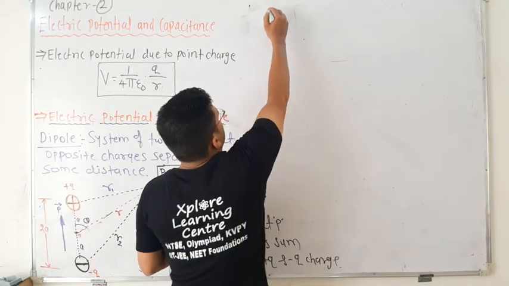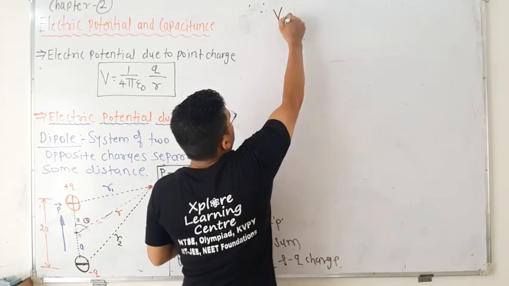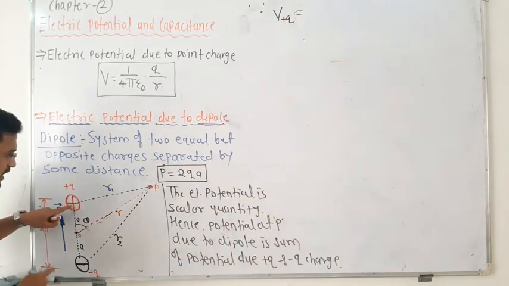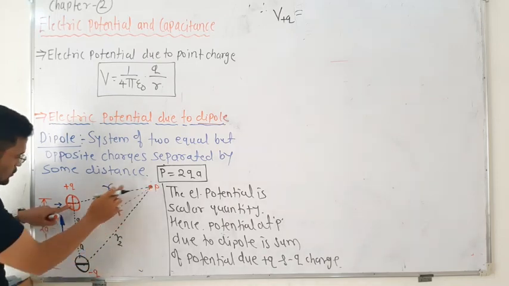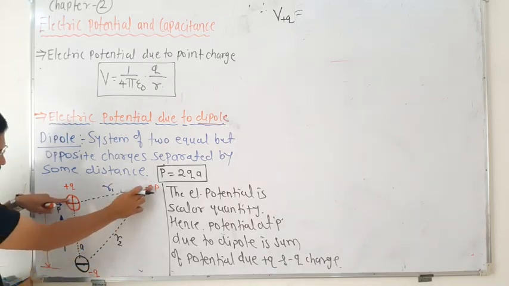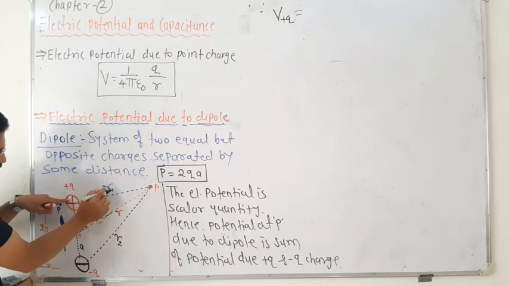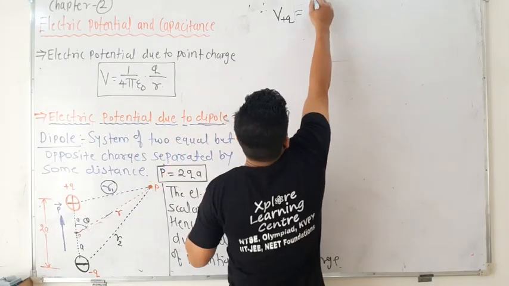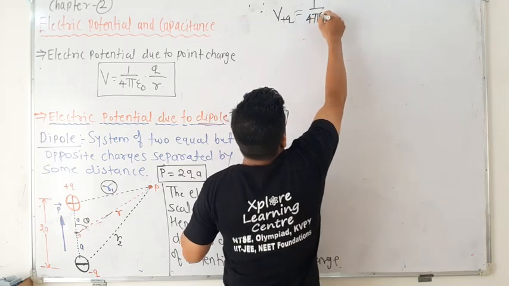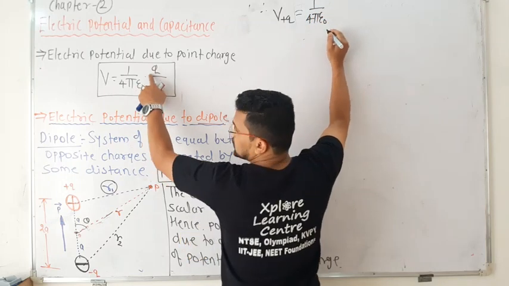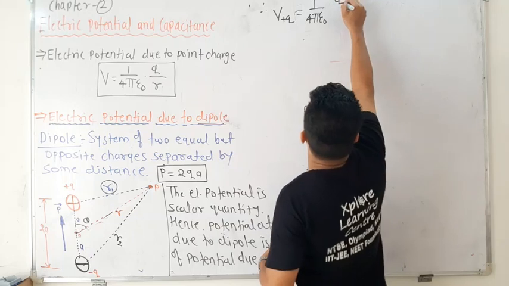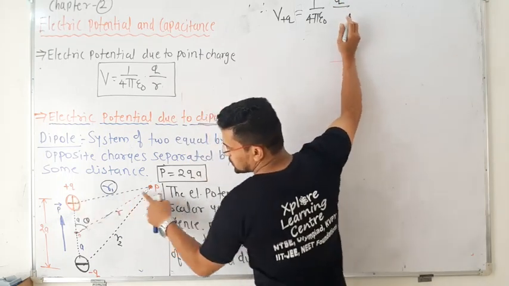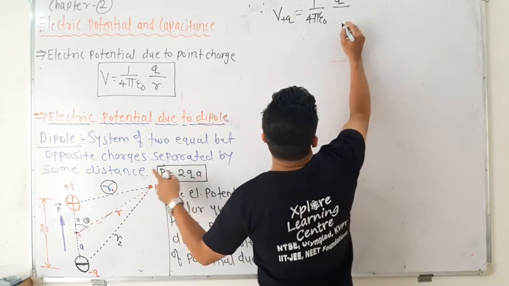Okay, so first we will see V plus q, the potential due to plus q charge at point P, which is at a distance of r1 from the charge. We know the equation: V is equal to 1 upon 4 pi epsilon naught, q, which is the positive charge, divided by r, the distance from the positive charge to point P, which is r1.